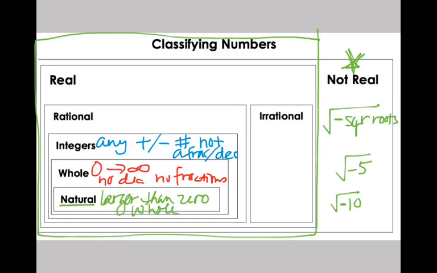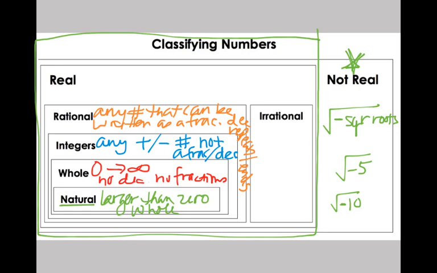Rational numbers. Any number that can be written as a fraction. Okay, if it's a decimal, it repeats or ends. And that brings us to irrational.